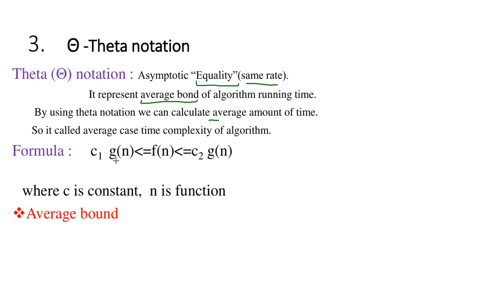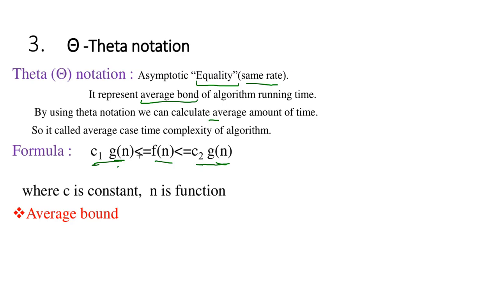Now we have to choose g of n in such a way that if you multiply two constants to g of n, c1 into g of n is one expression we will be getting, and c2 into g of n is another expression. So f of n always ranges between c1 into g of n and c2 into g of n.